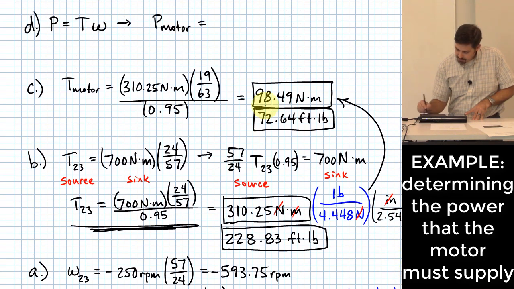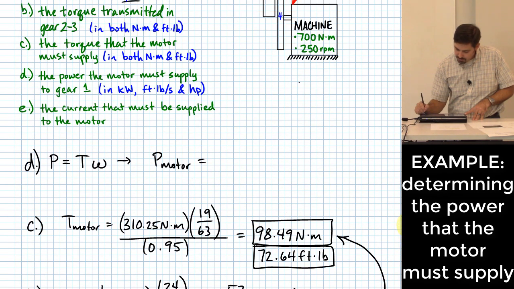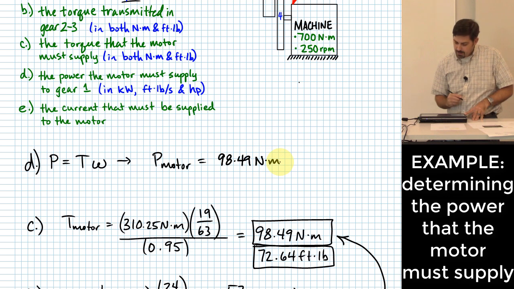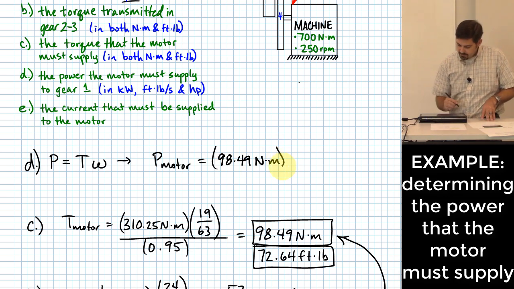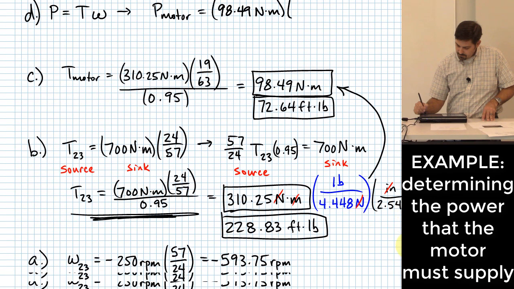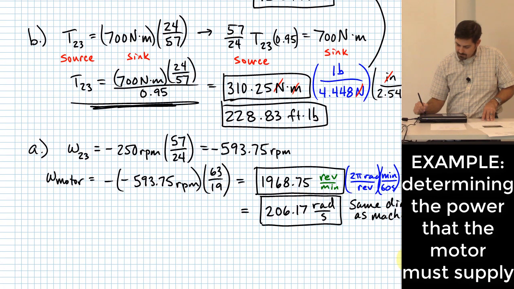We just found the T of the motor, right? 98.49 Newton meters. Okay. That we can leave alone. What do we do with the omega? Did we do that down here somewhere?